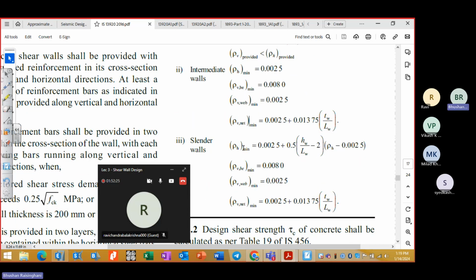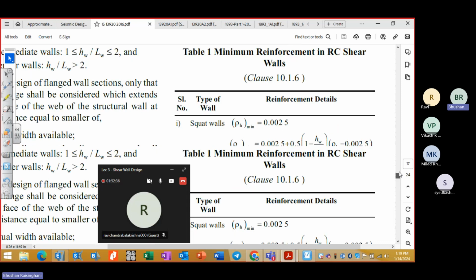For slender walls, rho h minimum has been given, and rho h minimum is depending upon rho h. So let us check again what is rho h.